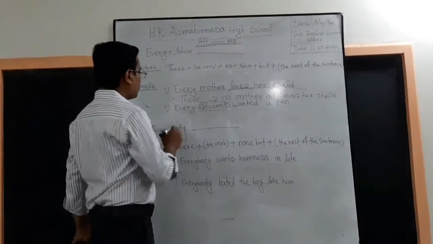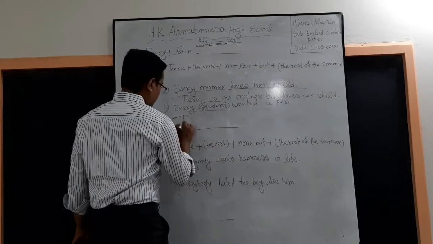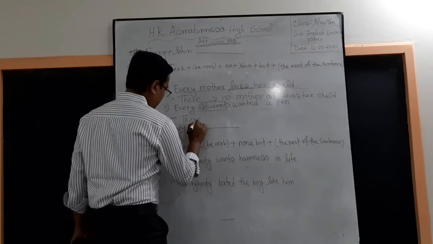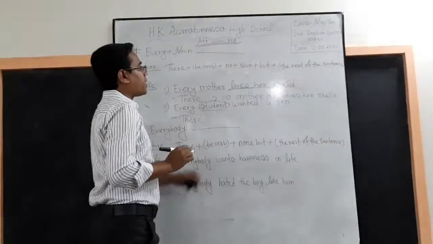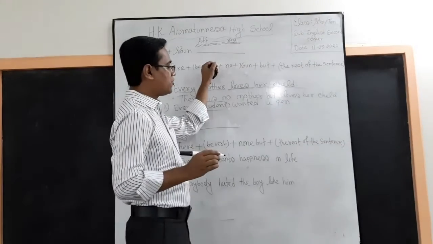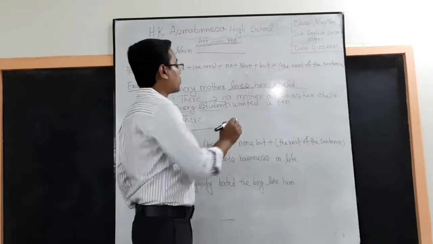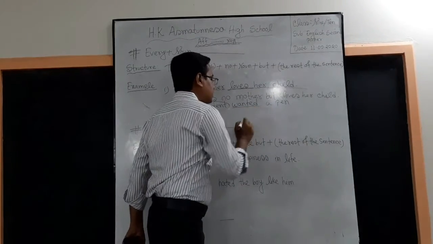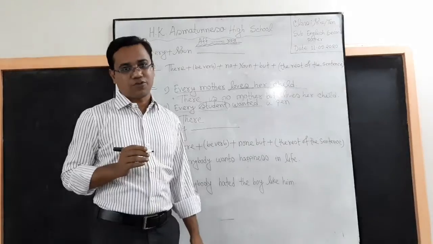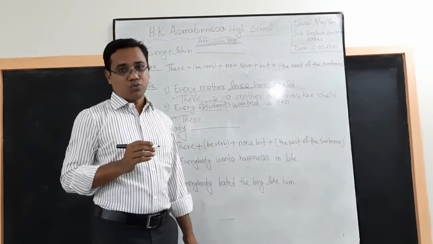Okay. So first of all, we write there, and then we will write the appropriate auxiliary verb. We have to look very carefully at the verb of the sentence. The verb of the sentence is in past form. So we have to bring was or were.